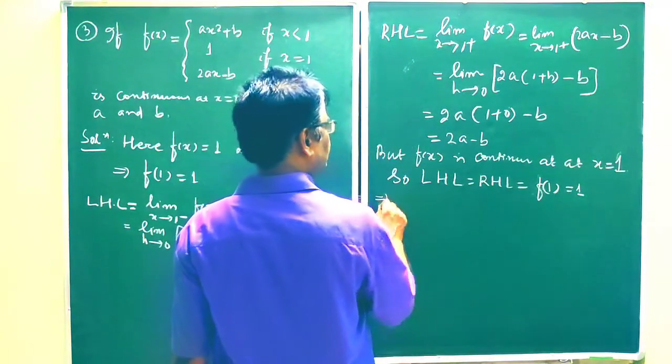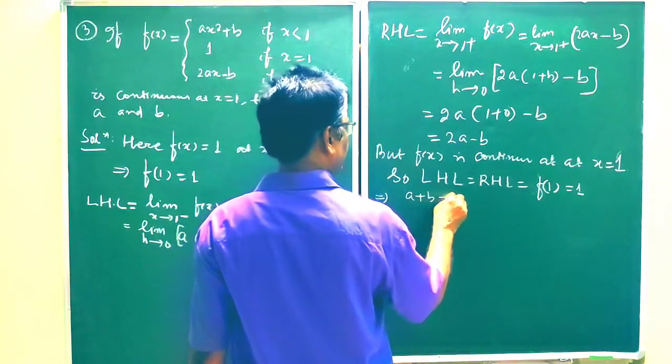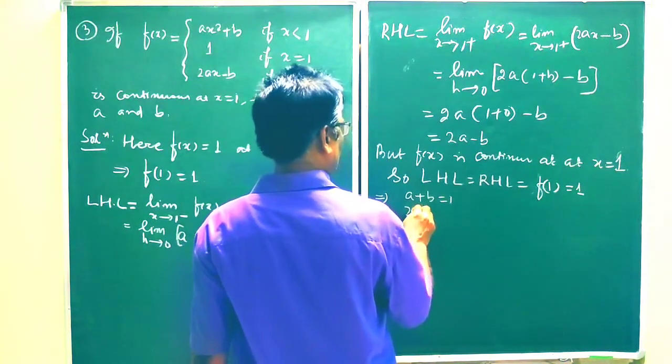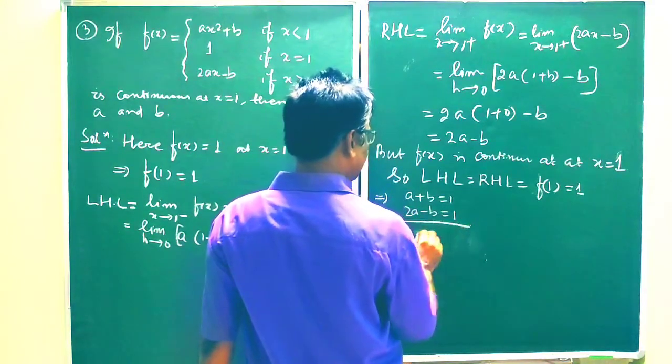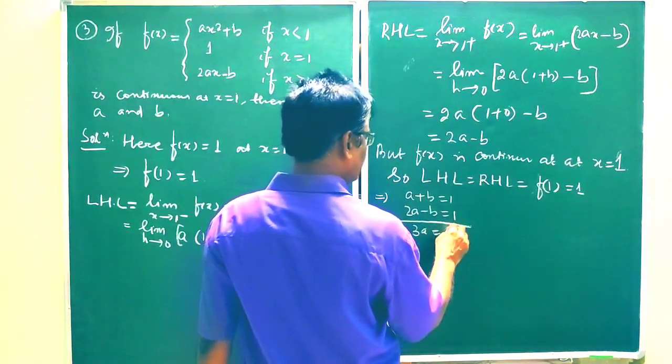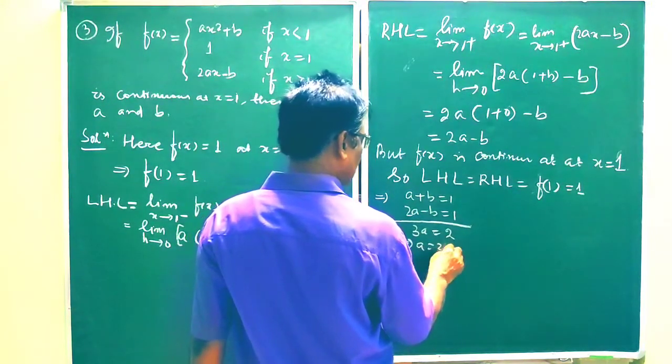So this implies a plus b is equal to 1, and 2a minus b is equal to 1. Now adding, 3a is equal to 2, which implies a is equal to 2 by 3.